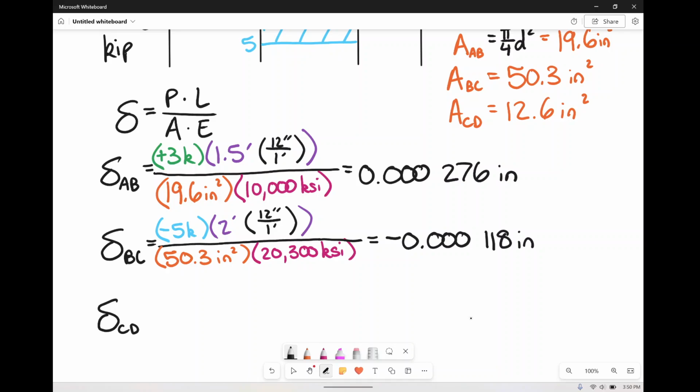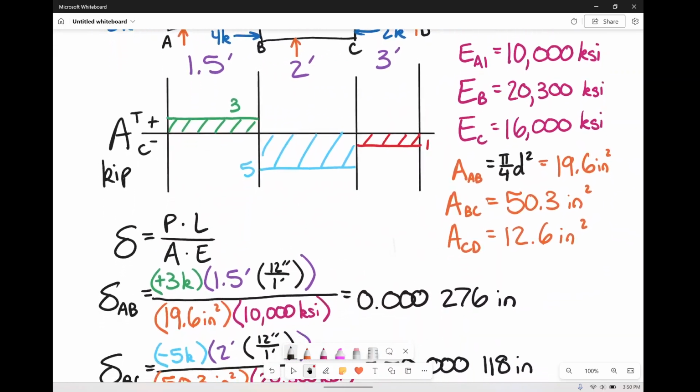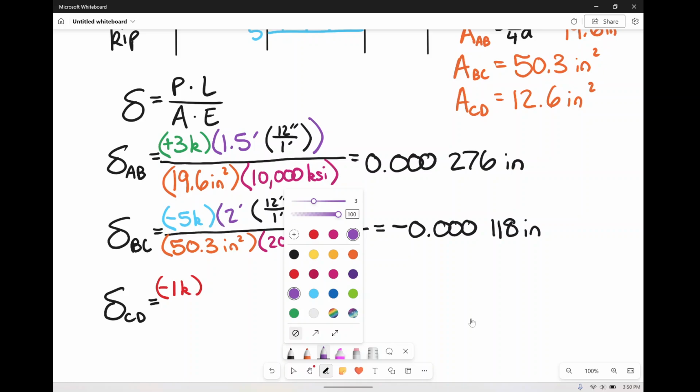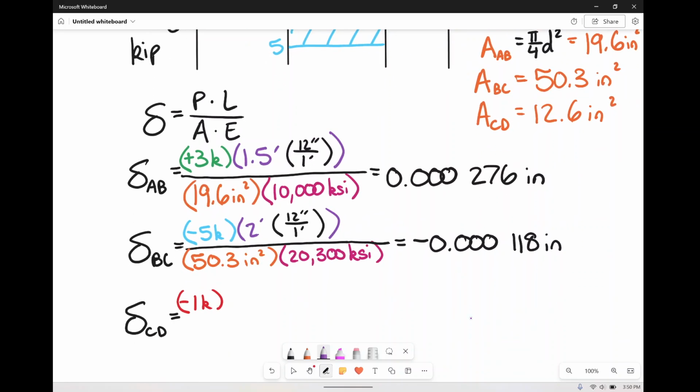Lastly, for the CD range, that's the copper range. In the copper range, we look at our axial force diagram. We see that we're at -1. So -1 kip now for the force. The length did get even longer. Yep, now we're at 3 feet, even though my drawing is not to scale. So 3 feet, again, changing that to inches, 12 inches in a foot. Divided by the area for CD, which is 12.6 inches squared.